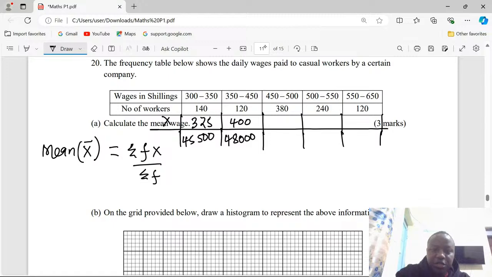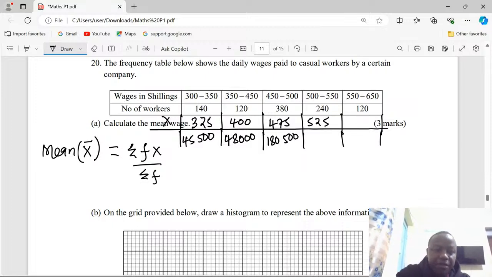Then 450 plus 500, I divide by 2. We use the limits over 2, 475. Then this one must be multiplied by 380 to give us 180,500. The other one is 500 plus 550 divided by 2 to give us 525.